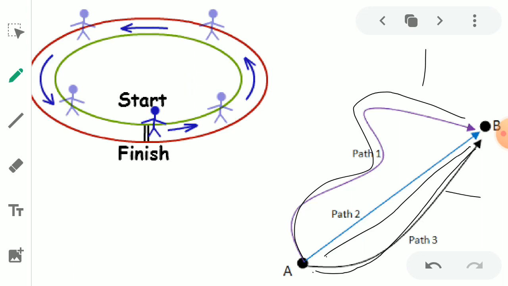But when we talk about the displacement between point A and B, the straight line which joins the initial position to the final position defines the displacement of the body. It is the shortest distance, the straight line that we can draw from position A to position B, or from the initial position to the final position.